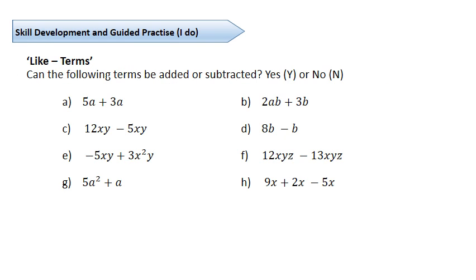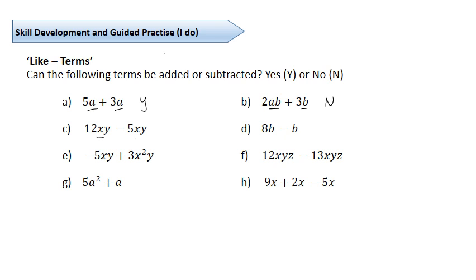Alright, pause the video here. I want you guys to have a go at this. So with these ones, can the following be added or subtracted? Well, they can only be added or subtracted if they contain like terms. So the first one has an a and an a, so that's a yes. B has an ab and a b. Are they like terms? No, so they can't be added or subtracted.